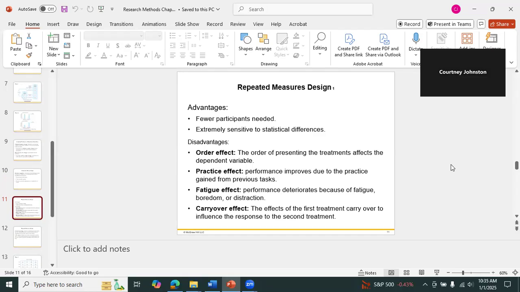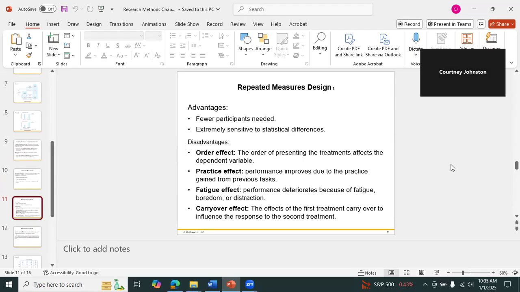There's also the practice effect. This is where performance improves due to the practice gained from previous tasks, or there's additional information that participants have, which can affect the reports that they give. There's the fatigue effect as well, in that participants, if they are exposed to many tasks, again, because they're going to be exposed to every condition, they can get bored, distracted, just tired of participating.